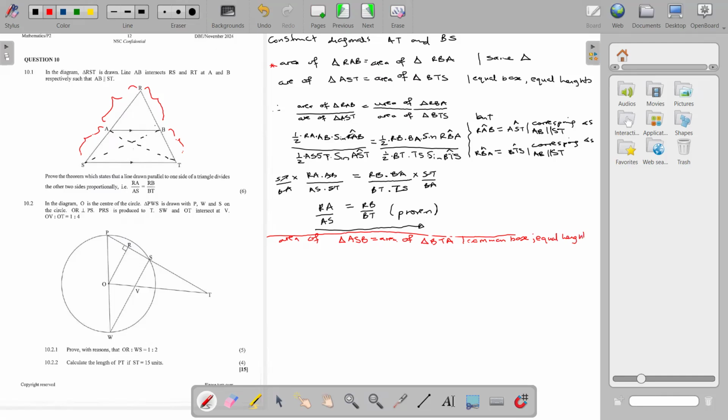Why are we saying they are equal? Because they are between two parallel lines. Then from there, we can now say the area of triangle RAB.